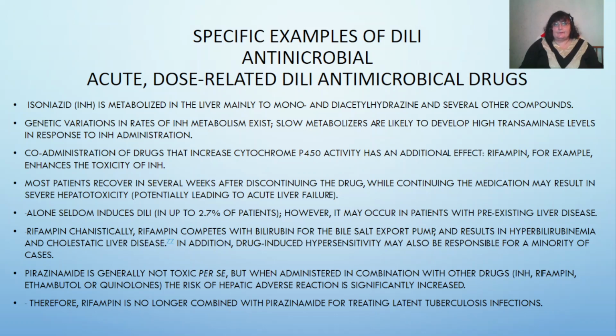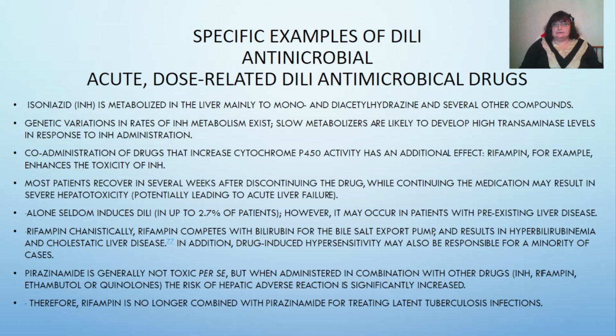Specific examples of DILI: antimicrobial drugs. Isoniazid is metabolized in the liver mainly to mono and diacetylhydrazine and several other compounds. Genetic variation in rates of INH metabolism exists. Slow metabolizers are likely to develop higher transaminase levels in response to INH administration.